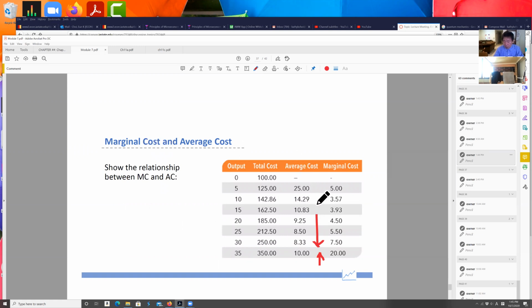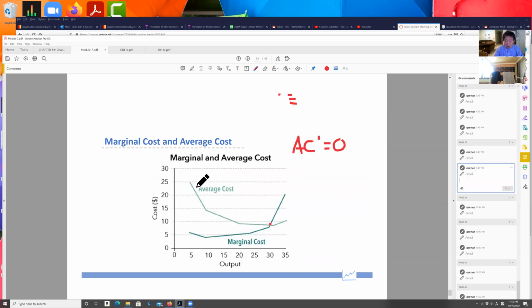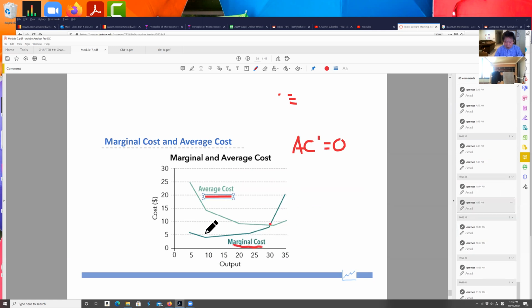When average cost is declining, MC must be lower than average. Okay, here it shows approximately the correct relationship between average cost and marginal cost curve. Okay, they meet only once here, they don't meet again here on the left side. Okay, they never meet one another.